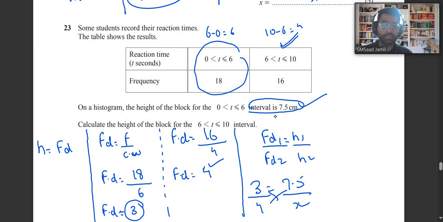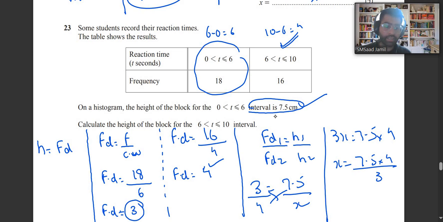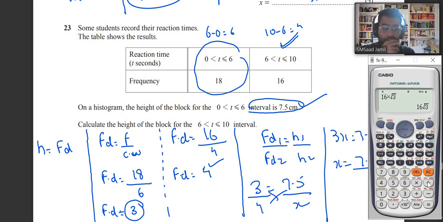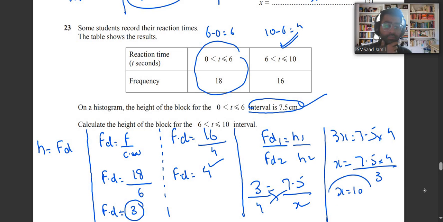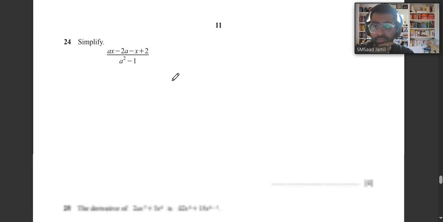We will cross multiply. 3x is equal to 7.5 multiplied by 4. X is equal to 7.5 multiplied by 4 divided by 3. So 7.5 multiplied by 4 divided by 3 is 10. So the answer is 10. Easy.